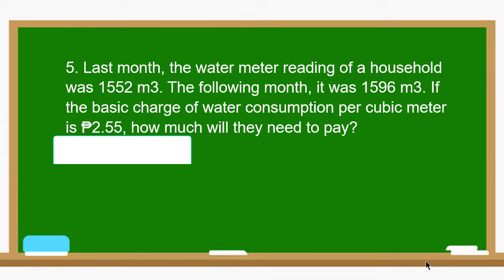Number 5. Last month, the water meter reading of a household was 1,552 cubic meters. The following month, it was 1,596 cubic meters. If the basic charge of water consumption per cubic meter is 2 pesos and 55 centavos, how much will they need to pay?